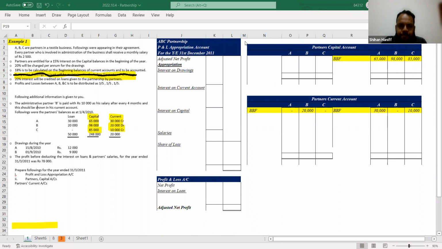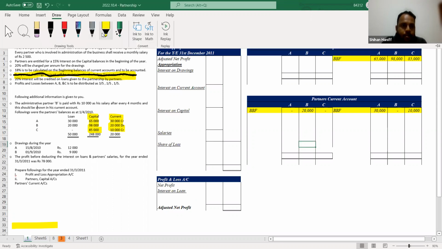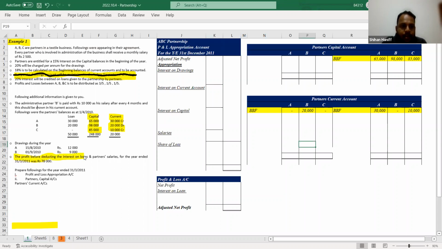Right. So that is the beginning, the opening balance, and the net profit. You can write the net profit. The net profit before deducting interest on loans and partner salaries for the year ended 31st March was 78,000.